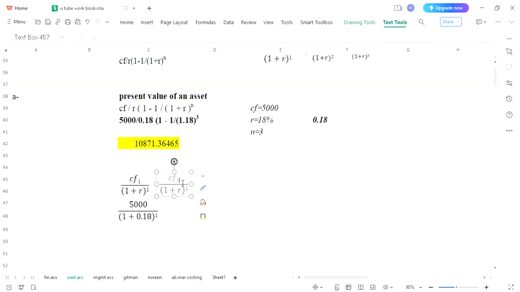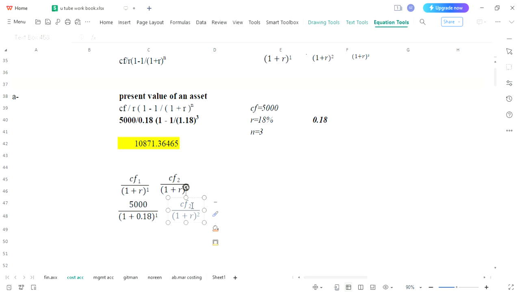So let's take our second cash flow, and for which you will use 2 for it. And now you will be using it to post the amount.